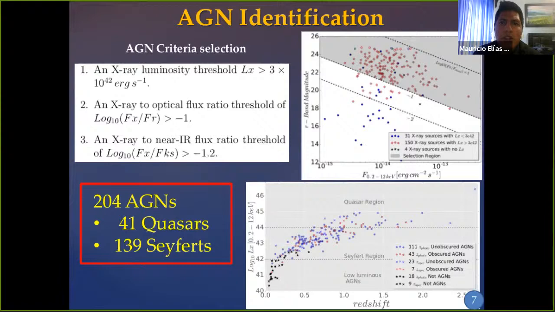In the upper panel, we can see the X-ray fluxes versus the r-band magnitude distribution of our catalog. The gray area in the plots is used as the selection region of AGNs. As a result, we found a total of 204 AGNs, of which 41 are classified as quasars and 139 as Seyfert galaxies, based on their X-ray luminosities as we present in the lower panel.